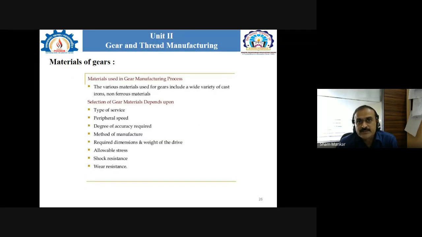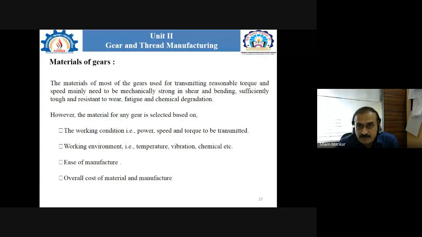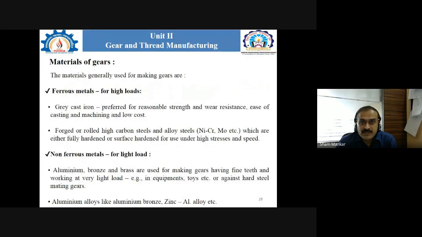Then we discussed the points related to the materials of the gear: the different types of material and the important factors which we need to consider before selecting any kind of material for making the gear. These are the factors we have to remember when we are considering purchasing gear-making material. We also discussed the categories of material.